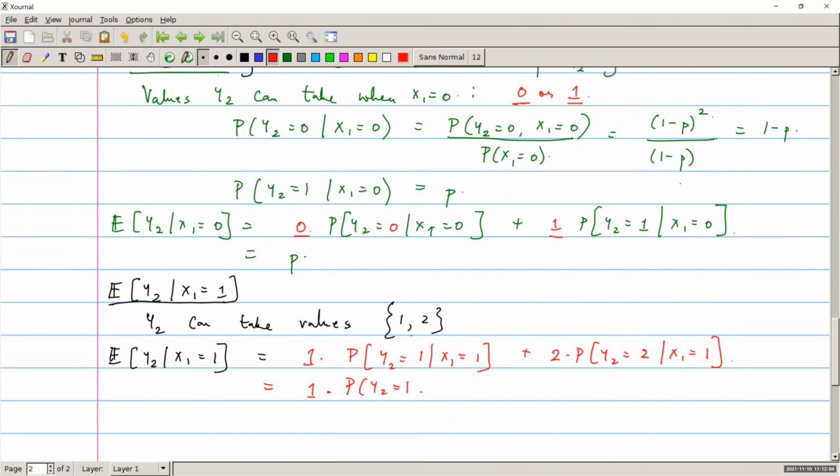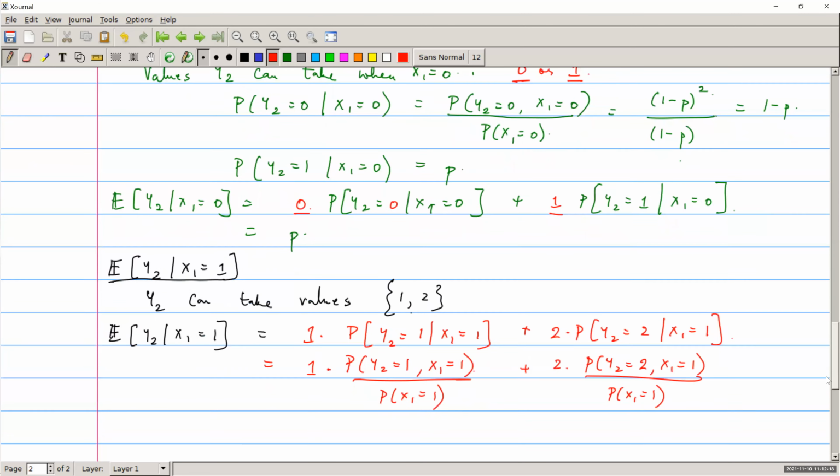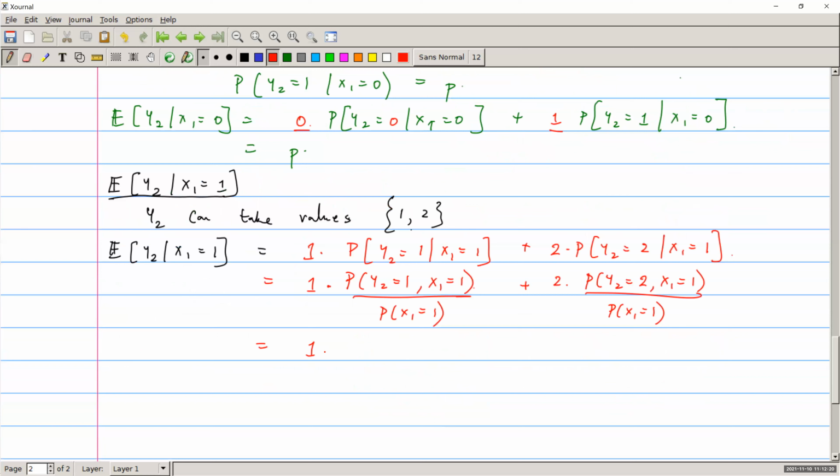Probability y2 equals 1 and x1 equals 1 divided by the probability x1 equals 1, plus 2 times probability y2 equals 2, x1 equals 1 times the probability x1 equals 1. Right, so this is 1 times, this probability is p times 1 minus p, and I divide it by p.